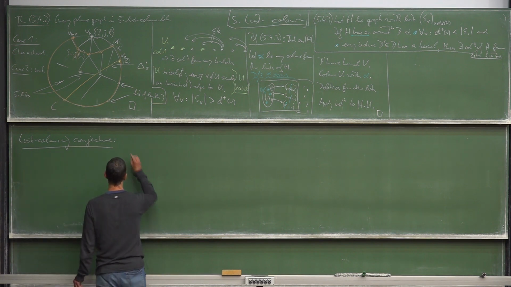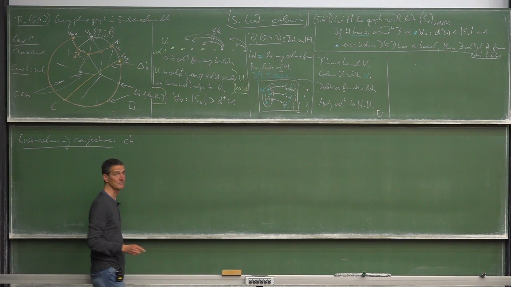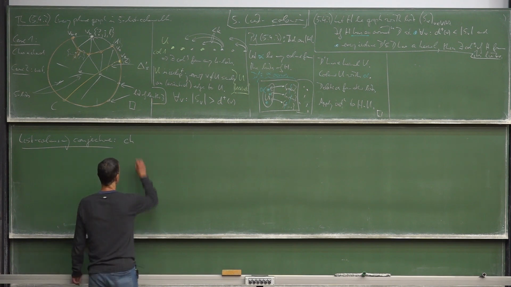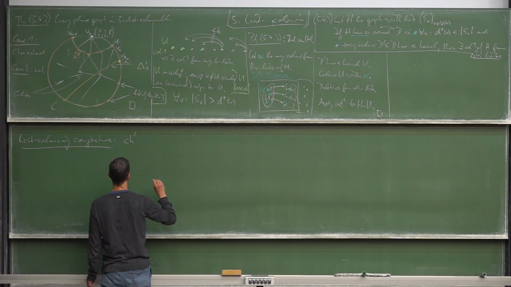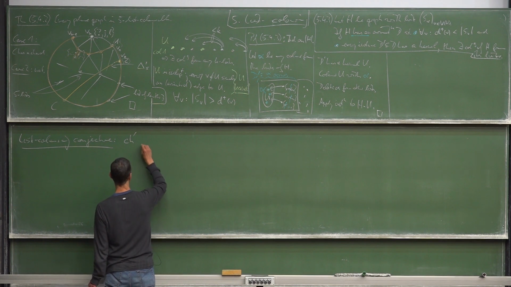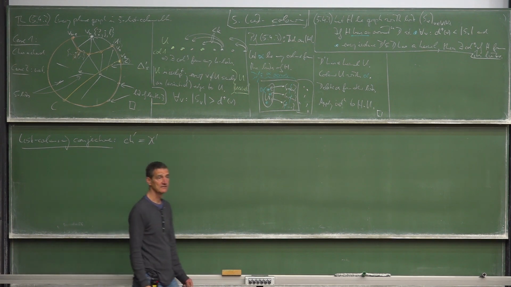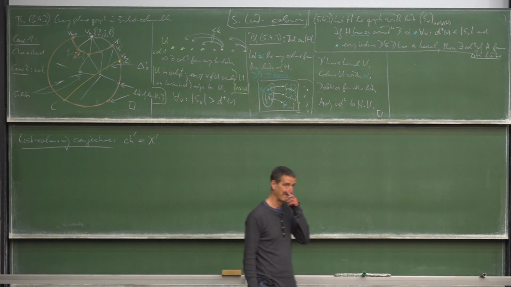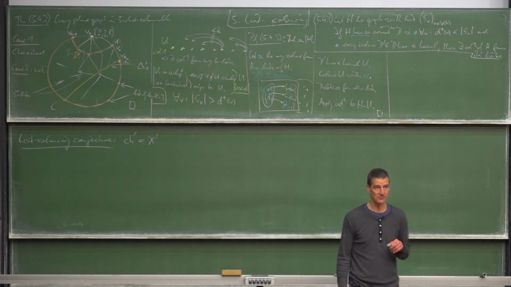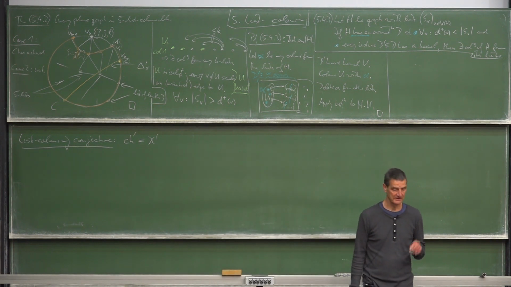And that is that when we edge color, the list chromatic index is in fact no bigger than the chromatic index, than the edge chromatic number.